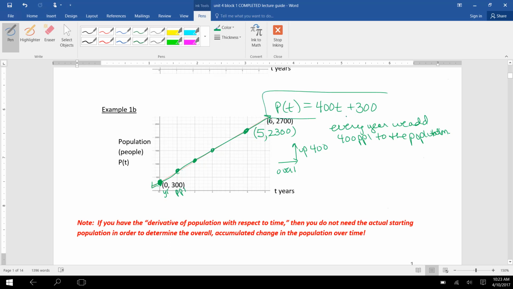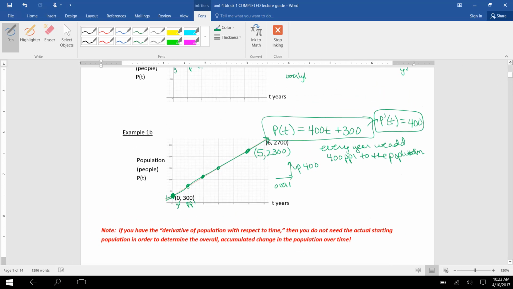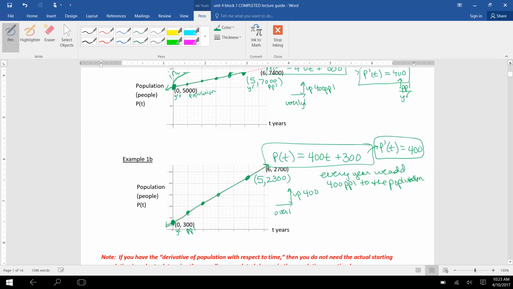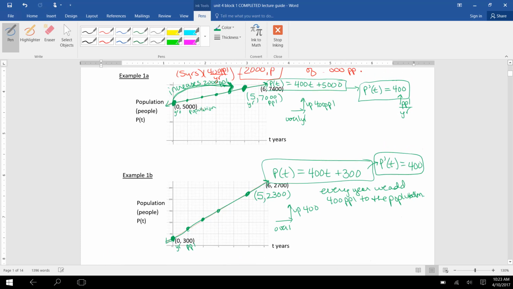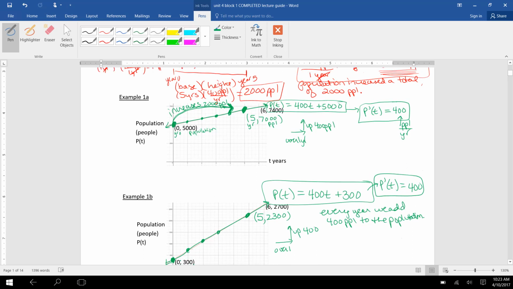There's the population function P of t, but again, notice its derivative, P prime, is 400, our original red rate function. So this function looks a little different than the example 1a function that we dealt with a moment ago, but really the only difference between them is the vertical shift. In example 1a, we had a y-intercept of 5,000. In example 1b, we have a y-intercept of 300.